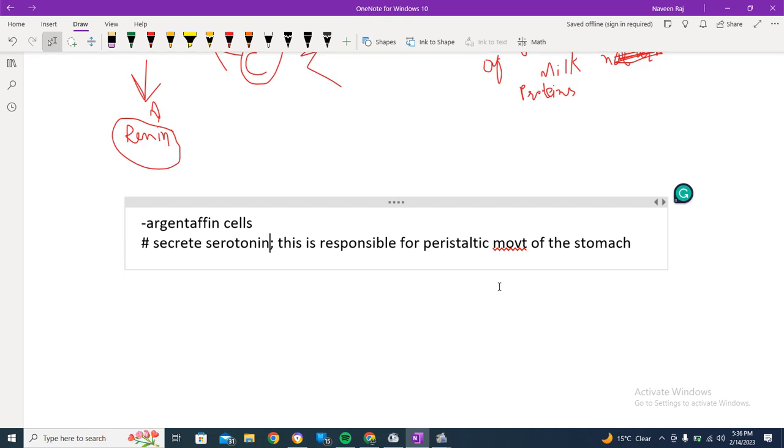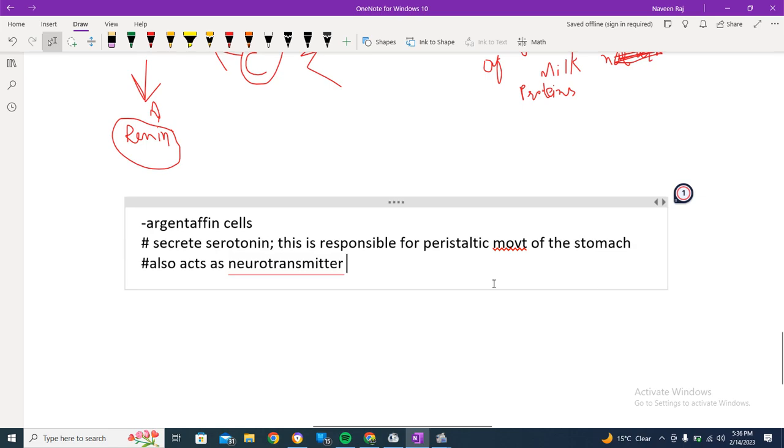Now it also acts as a neurotransmitter and helps in coordination between the stomach and brain, right?